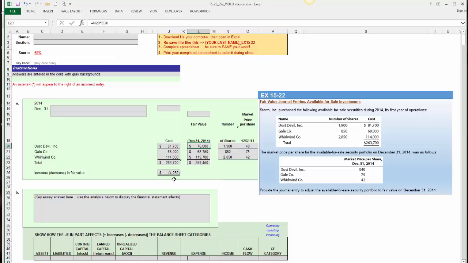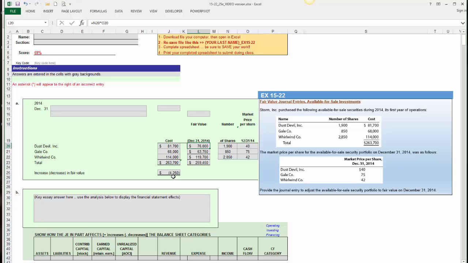This loss will be reported as an unrealized loss in the income statement. In other words, it will be reported under other accumulated comprehensive income in the shareholders' equity section of the financial report.